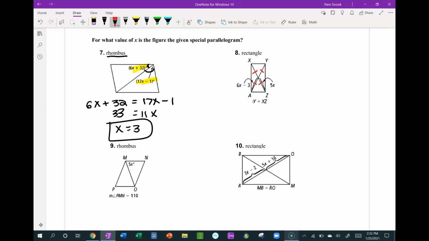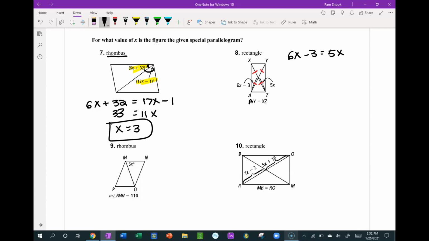So therefore, for me to guarantee that this is a rectangle, I have to set 6x minus 3 equal to 5x. And you can't see this, it got cut off a little bit, but it is telling us that AY is equal to XZ. So we also are told that our diagonals are congruent.